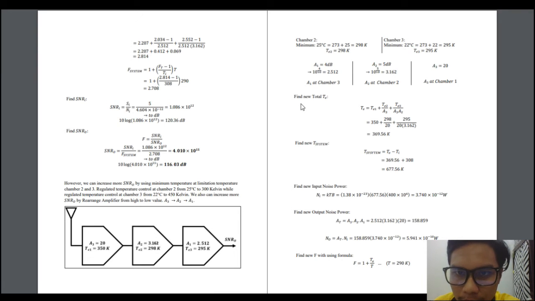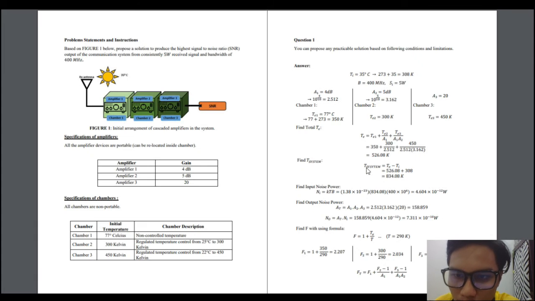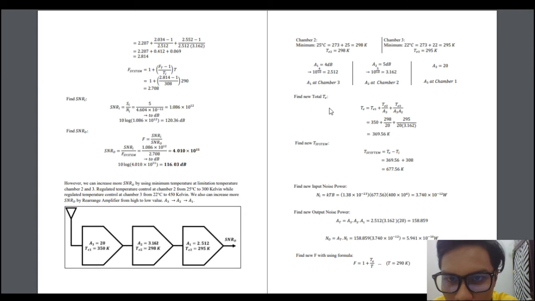So we're going to find the new total TE. Our new total TE is 369.56 Kelvin. This is lower than the first calculation, where the first TE we got was 526.08 Kelvin, and the new TE is 369.56 Kelvin.